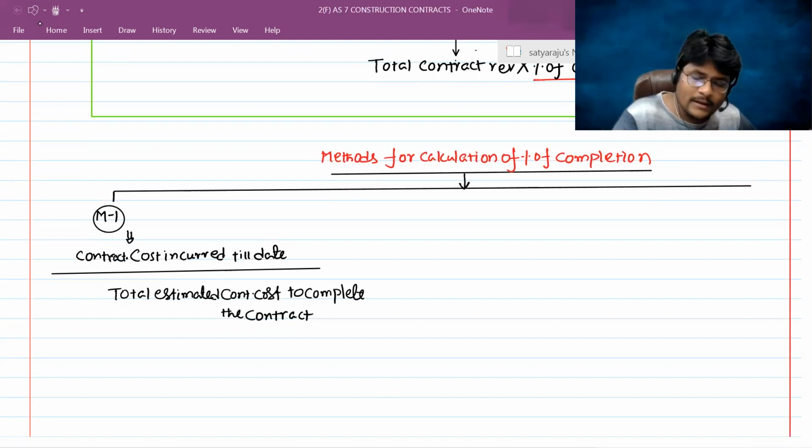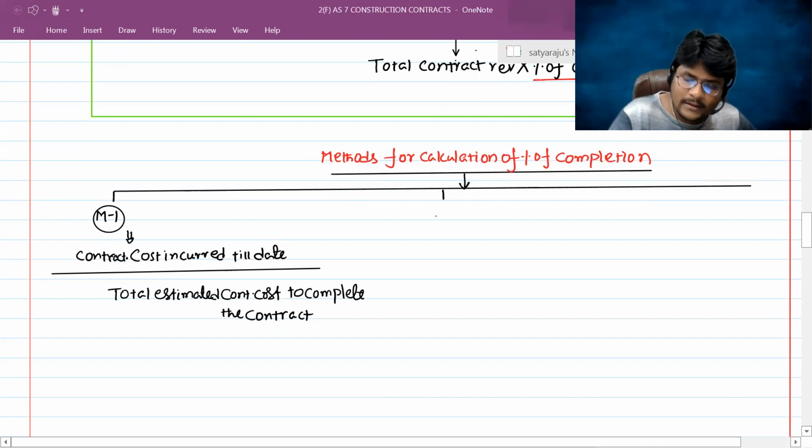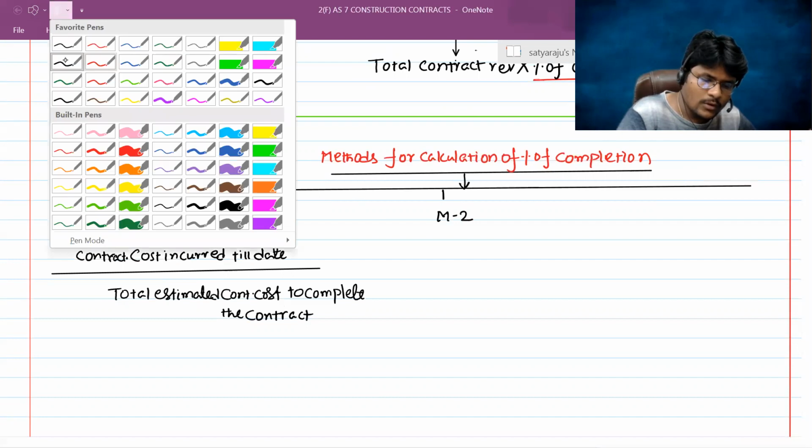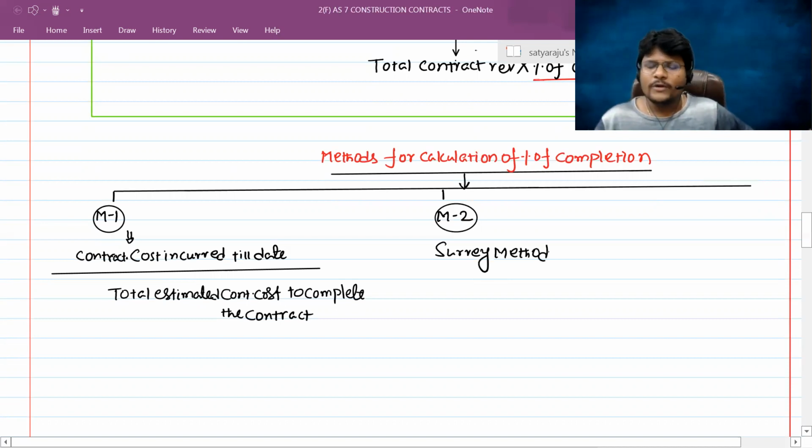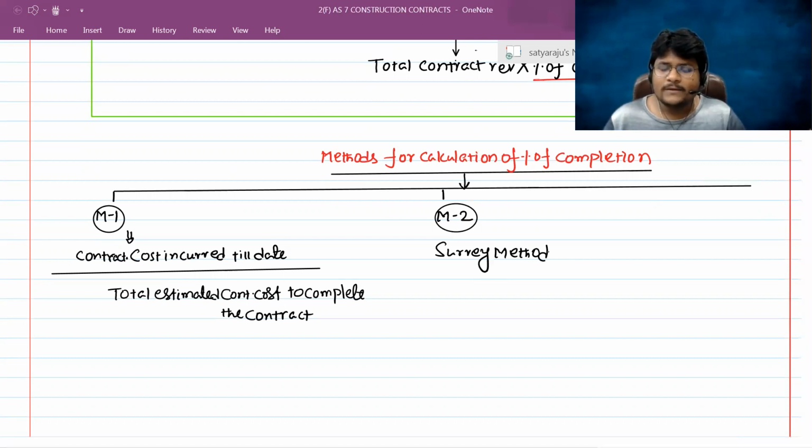Another method, method number 2, you can term it as the survey method. The name itself is survey method. In case of the survey method, how can you know the percentage of completion? A surveyor will be appointed. A surveyor means a person who generally has civil engineering knowledge.